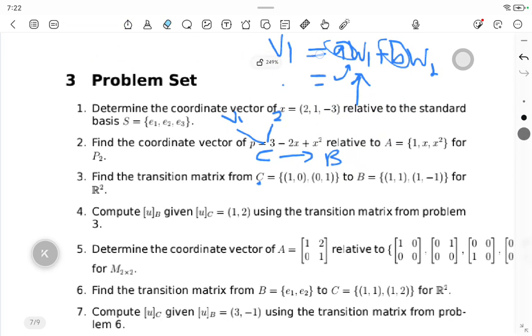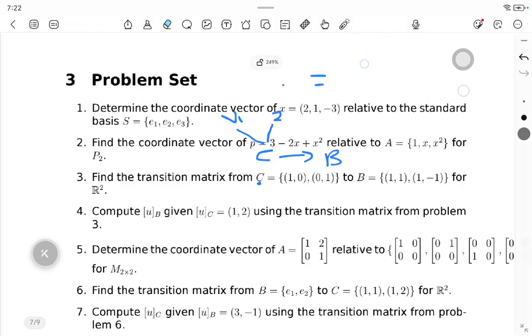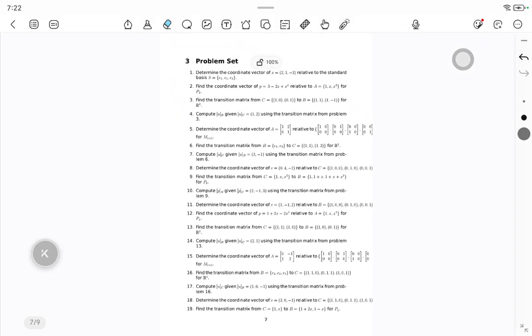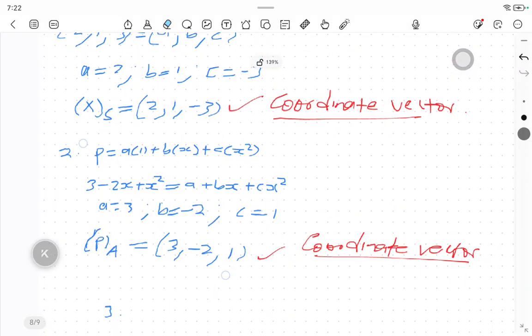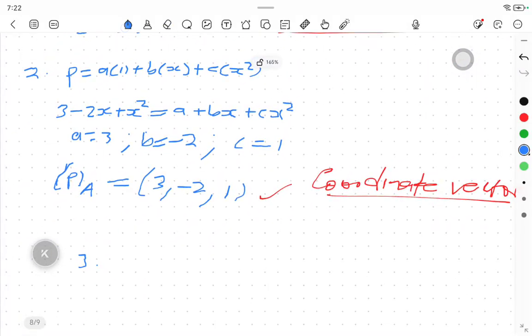I believe that we all know this, but I didn't check some of the work. There we have C, which is 1, 0 and also 0, 1. Those are the standard bases, right?